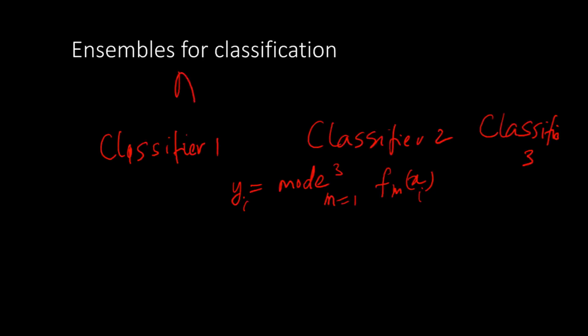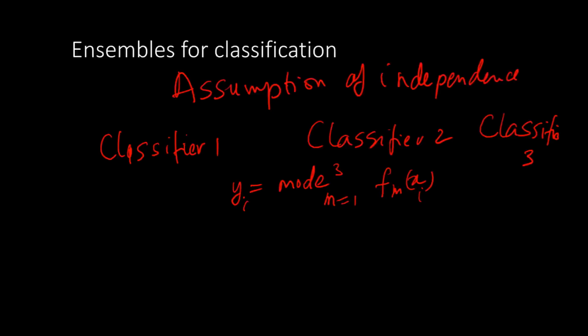That's a very strong assumption: independence of models. It's only when the models are independent of each other that we get a strong effect of having better decisions. So now let's take an example of how these decisions can be better.